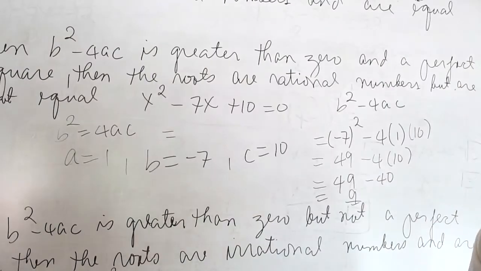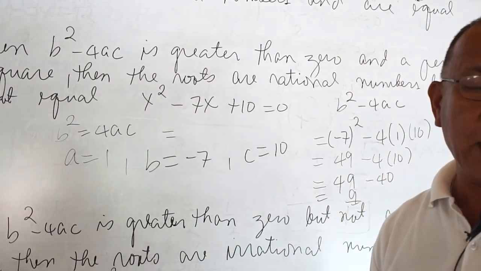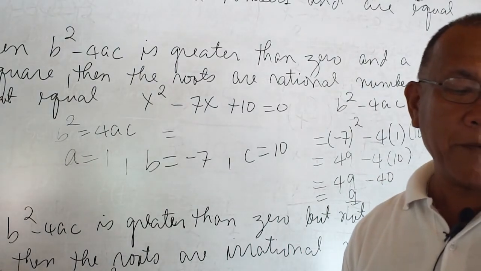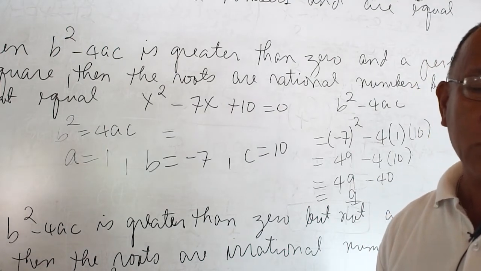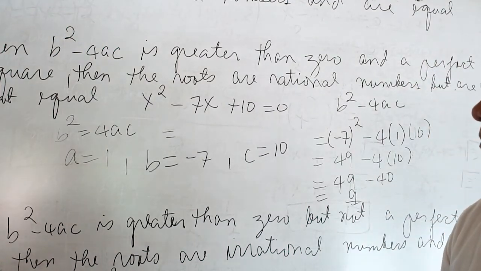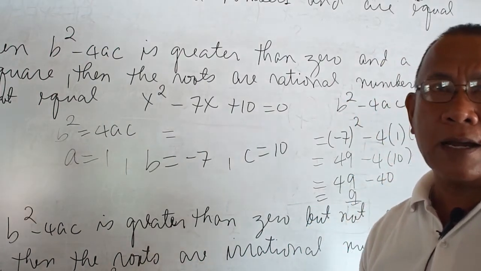Since the value of b squared minus 4ac is greater than 0 and a perfect square, the roots of the quadratic equation x squared minus 7x + 10 = 0 are rational numbers but are not equal.